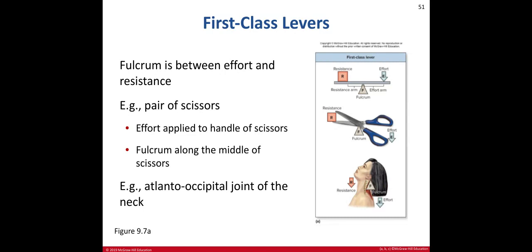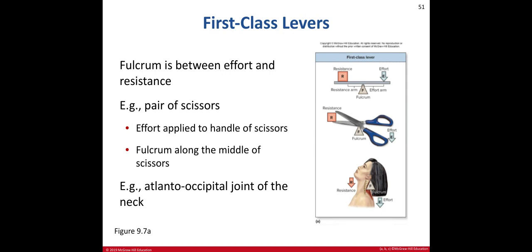And a really great joint is what we call the atlanto-occipital, or the atlas occipital joint of your neck. Basically, there's a muscle on the side of the neck that has the effort to pull. And then in the opposite direction, you have the resistance from the muscles in the front.